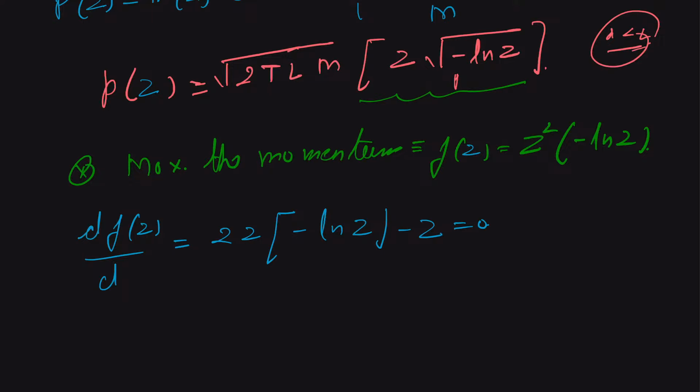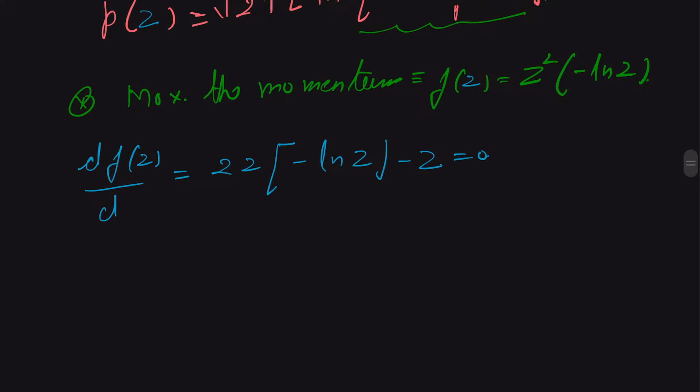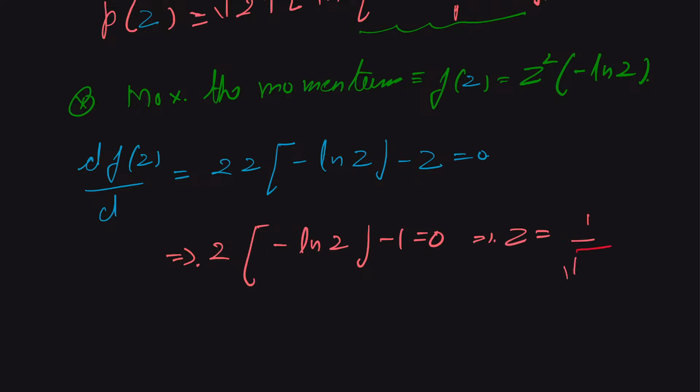And so from here, because this ratio cannot be equal to zero, we can just take z as common and ignore it. Furthermore we are going to get 2, and we are left with this minus natural log of z minus 1 equal to 0, and this gives us that z is equal to 1 upon square root of e.